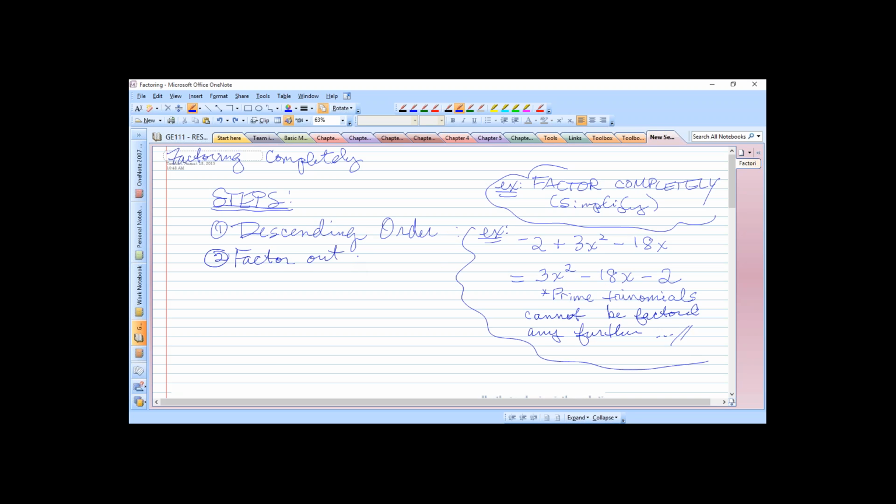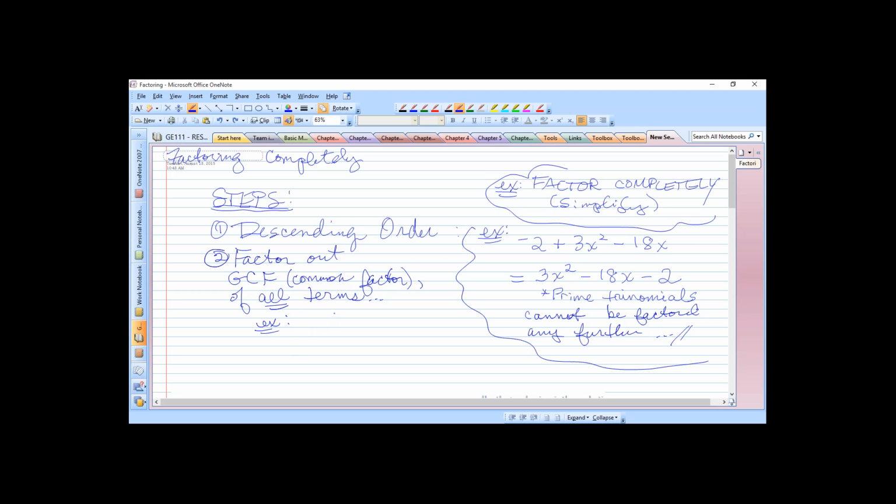So factor out the GCF, the greatest common factor, from all the terms. Let me give you a little example of that. This would be a good warm-up for us too.